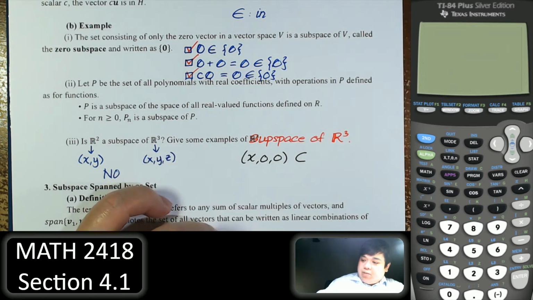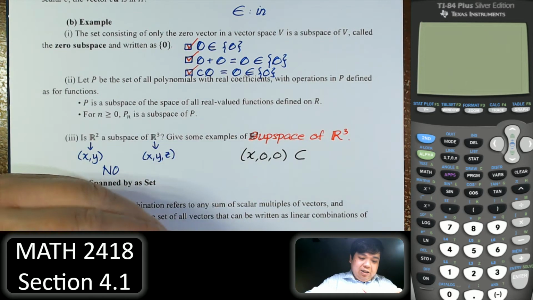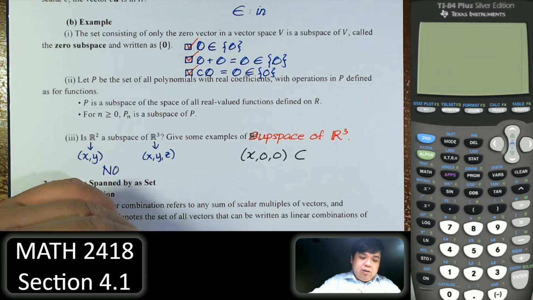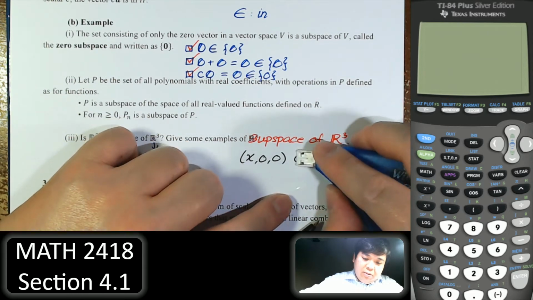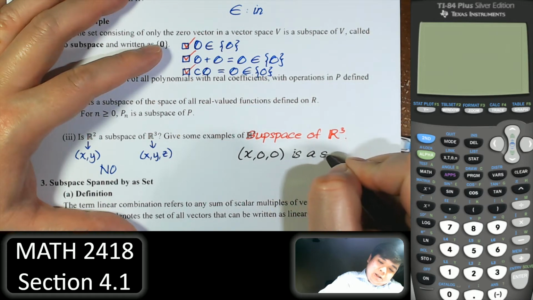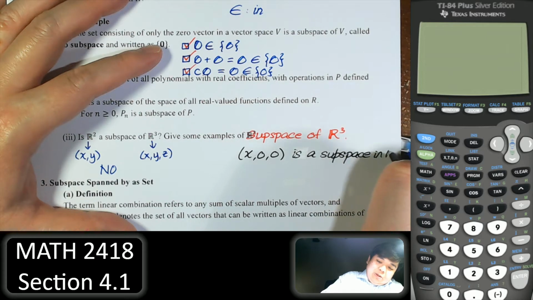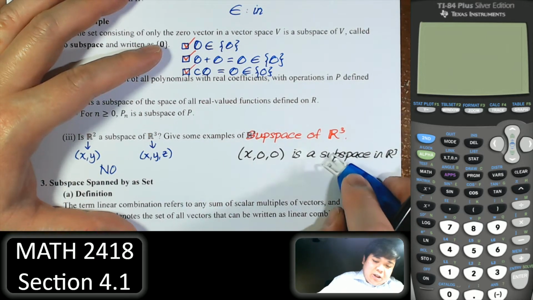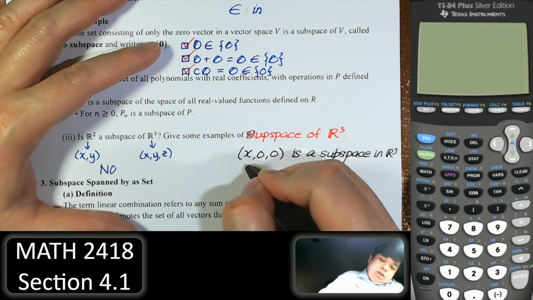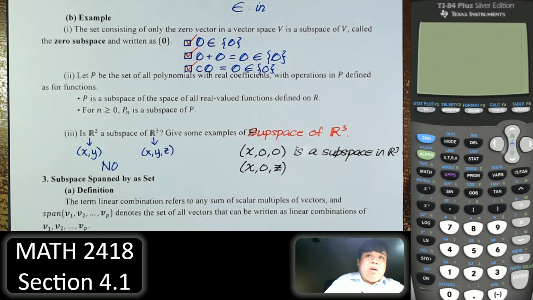Also, we could say something like this: this is the xz plane, y equal to 0.